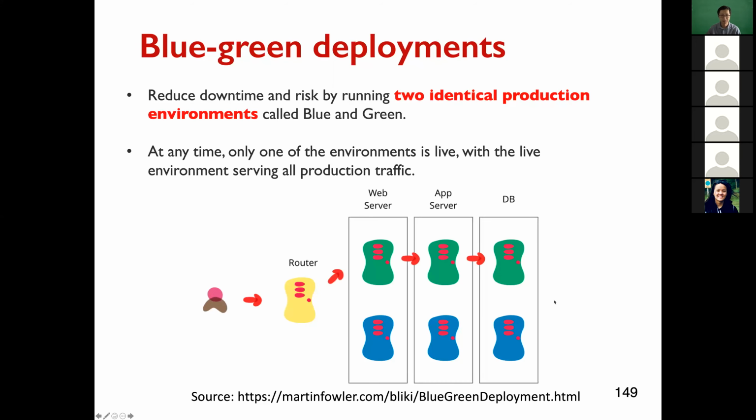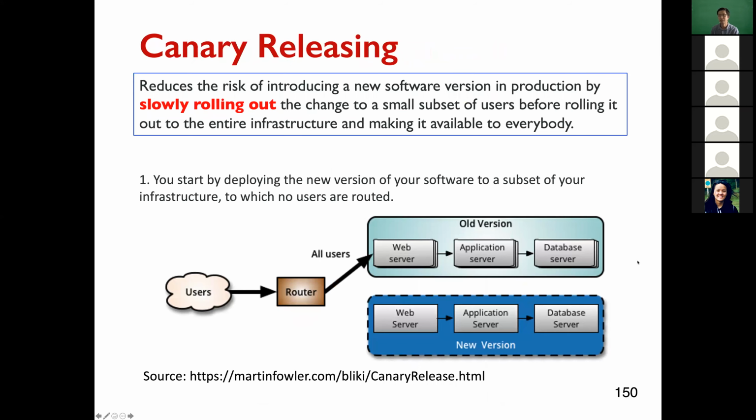Okay, so what is canary releasing? Canary releasing is basically similar, but even better, right? It reduces the risk of introducing a new software version in production by slowly rolling out the change to a small subset of users before rolling it out to the entire infrastructure and making it available to everybody. So it's a gradual rollout.